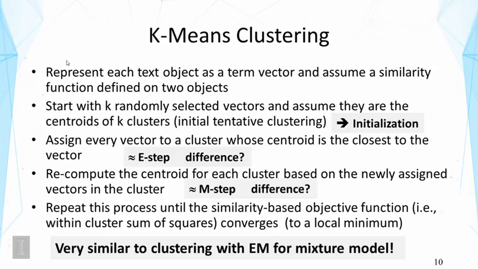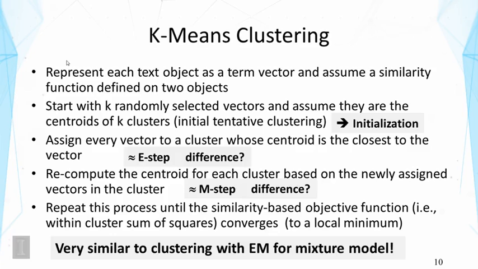So we're not going to have a probability, but we're going to just put one object into precisely one cluster. In the E step, however, we do a probabilistic allocation, so we split the counts, and we're not going to say exactly which distribution has been used to generate a data point.